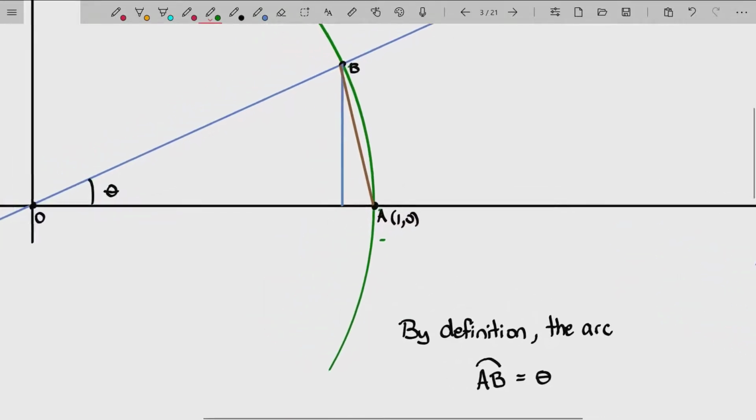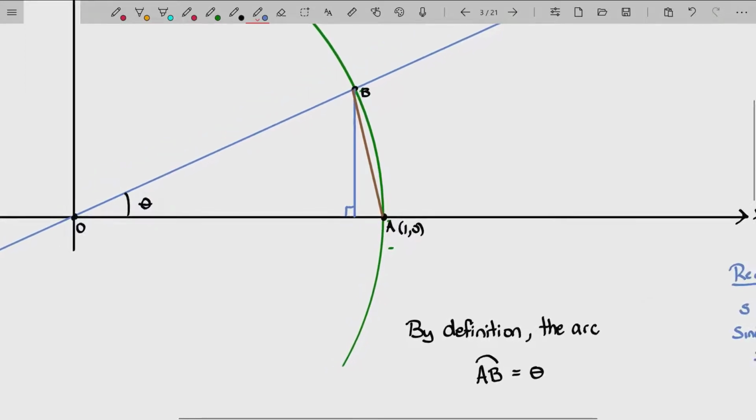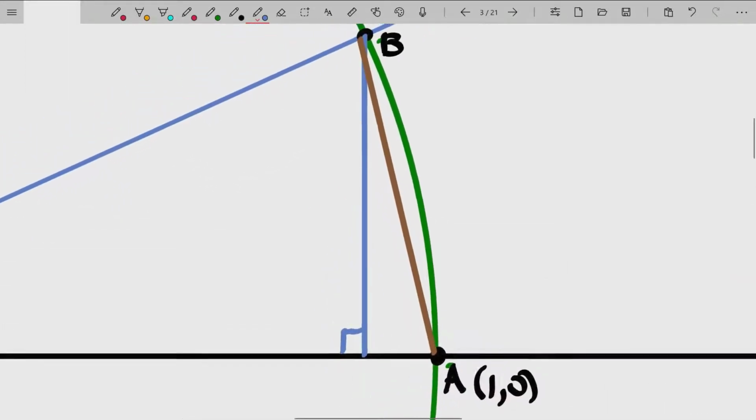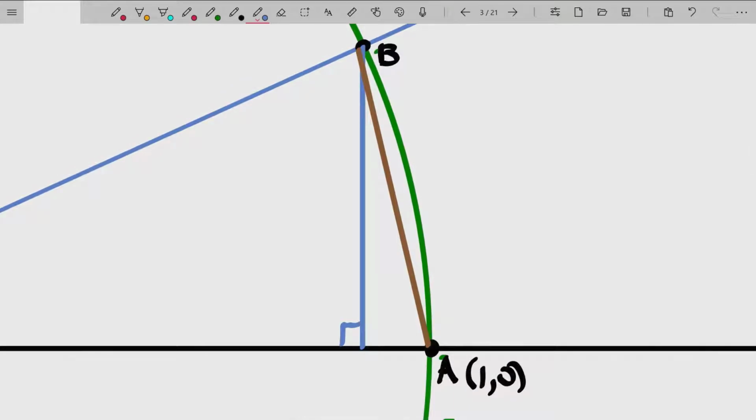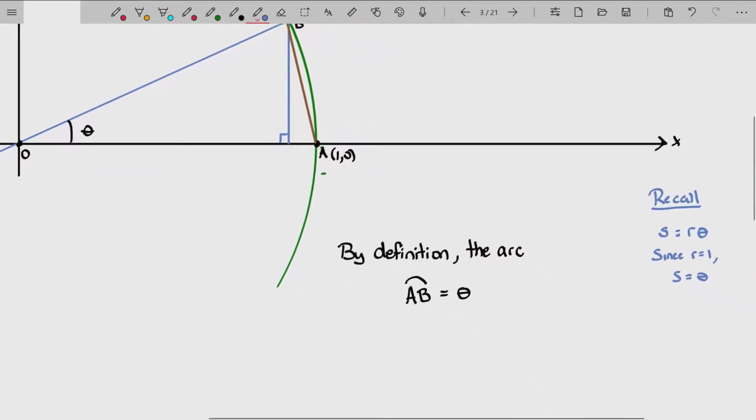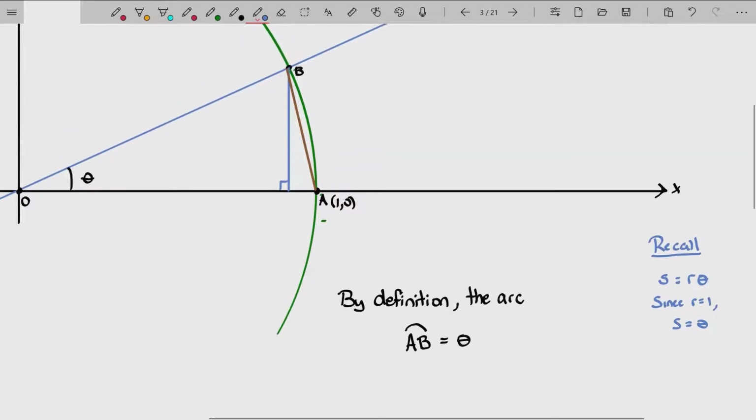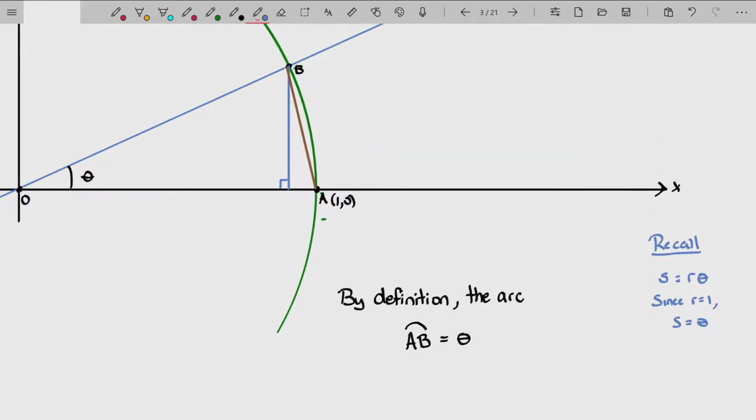Now notice that I've drawn in the altitude here. The altitude makes a right angle with the x-axis. I've also drawn in a brown chord between A and B. That chord is just the direct distance between the points A and B. I'll call this point right here C, in black.